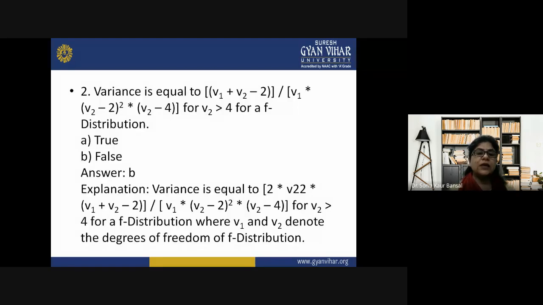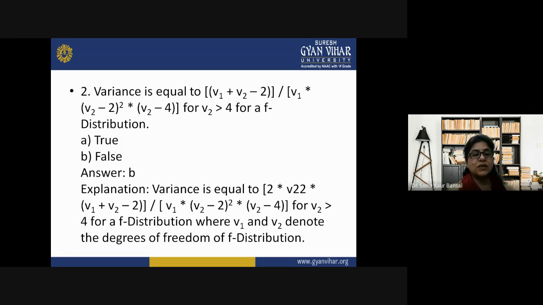Okay, then variance is equal to V1 plus V2 minus 2 divided by V1 times V2 minus 2 squared, multiplied by V2 minus 4, for V2 greater than 4, for F distribution. Is it true or false?